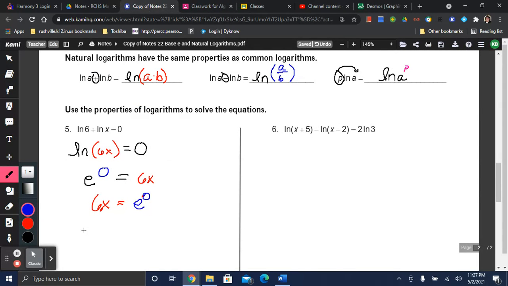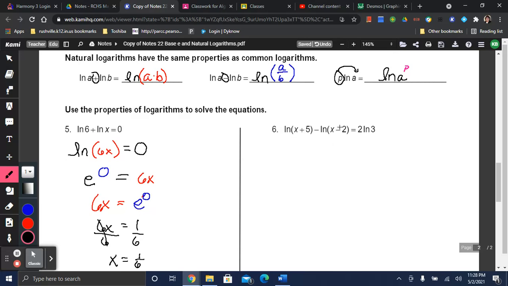So we actually have from this point 6x equaling 1. And then to solve for x, we can divide both sides by 6 to get x equals, and we want it as a fraction, 1/6. So there's converting from 2 logarithms down to 1.